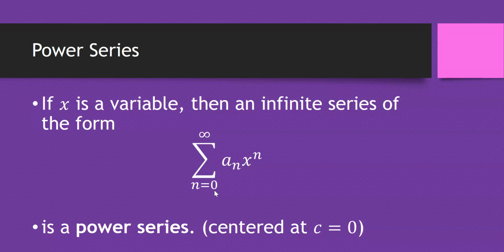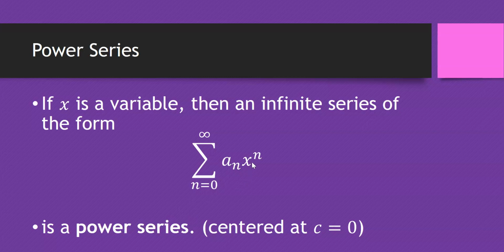You can start your summation at 0. Most people will start their summation at 0 just so we have a constant term. This is a power series: coefficients times x to various powers, and we let those powers go from 0 to infinity. Again, these coefficients vary by term. So this is a power series.